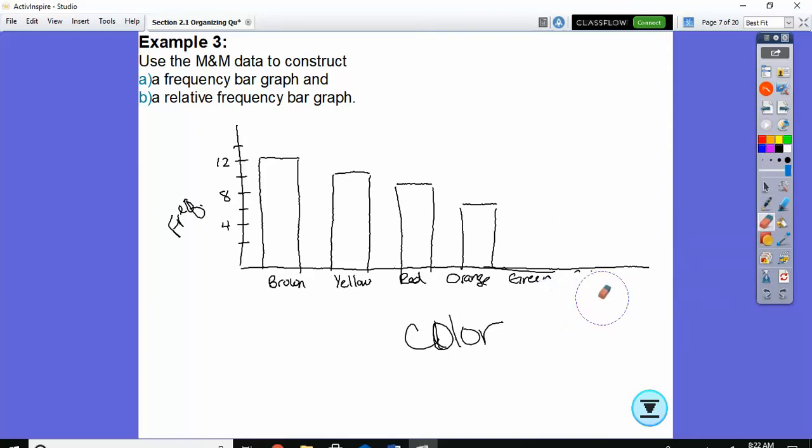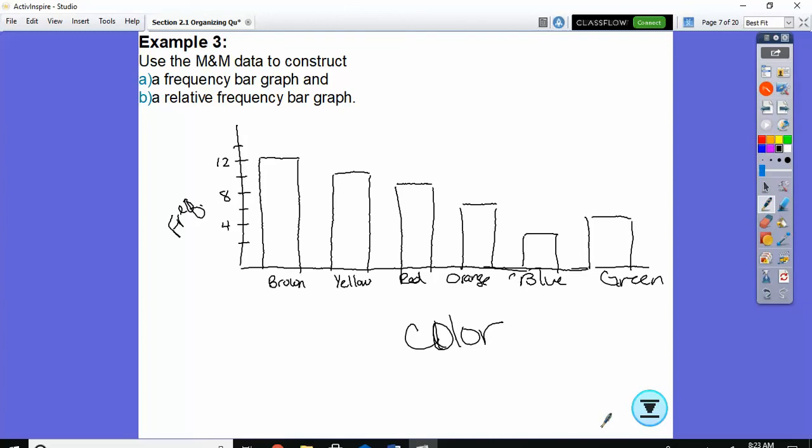Yeah. Oh, I flipped them, didn't I? I had blue first on our other thing. It doesn't matter. I'll go ahead and flip it so it matches your table if you want. So we had 3 blues and 5 greens. Is that right? So that is the frequency bar graph.